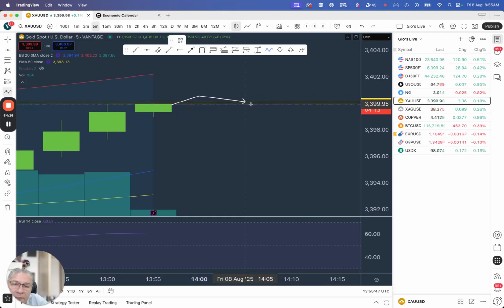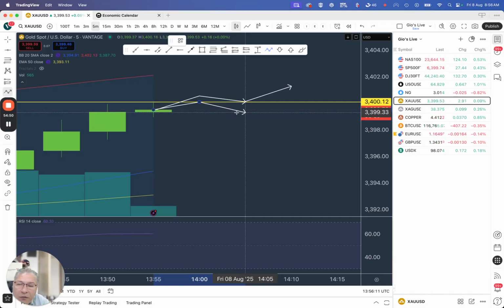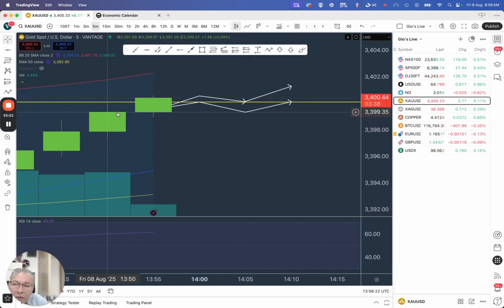And then from here, does something like that. So 3,400 has been met. Is it gonna hit that, pull back towards the closing of the previous candle, and then do another trajectory higher? So this candle closed at 3399.37.